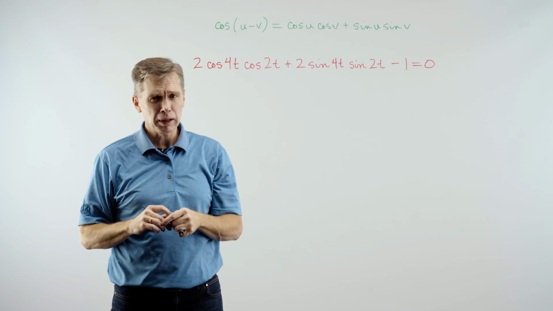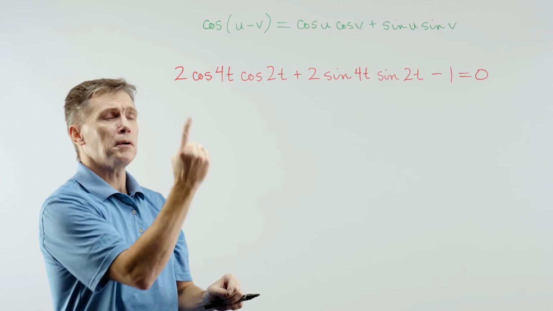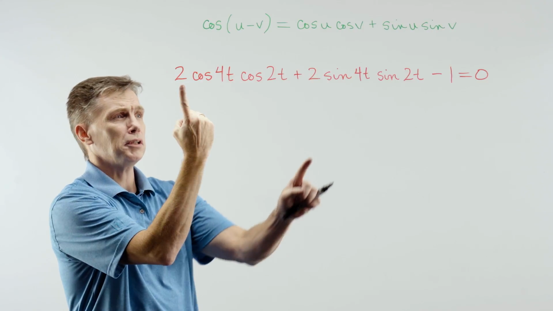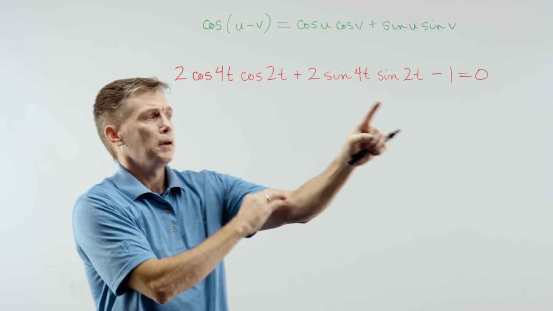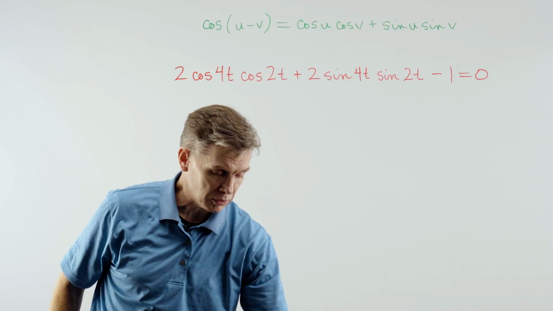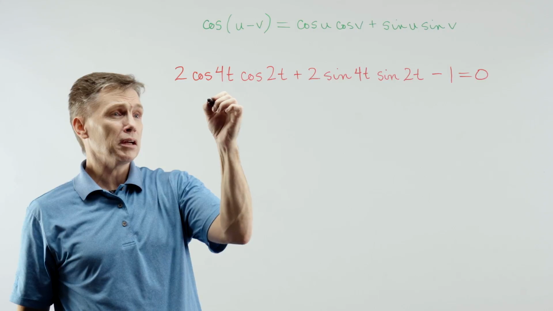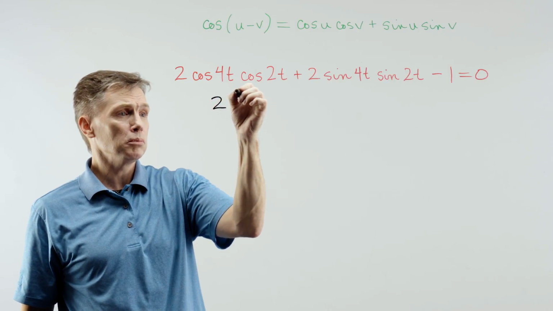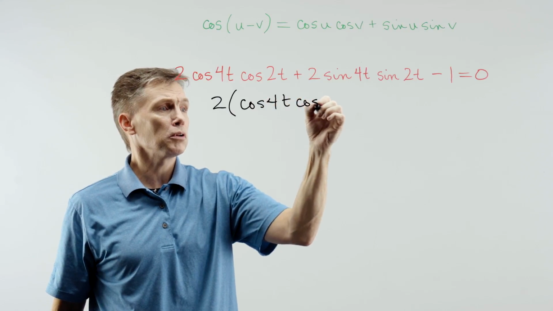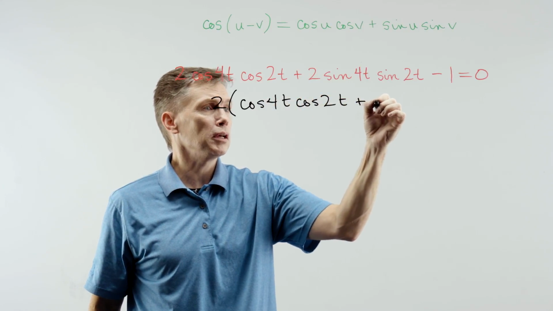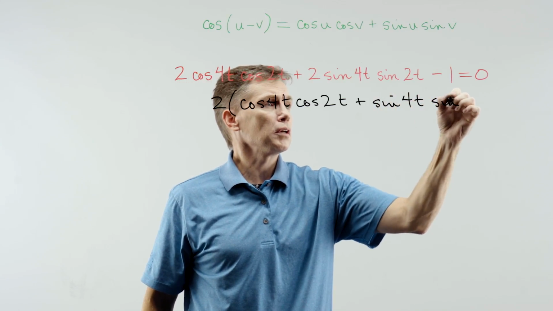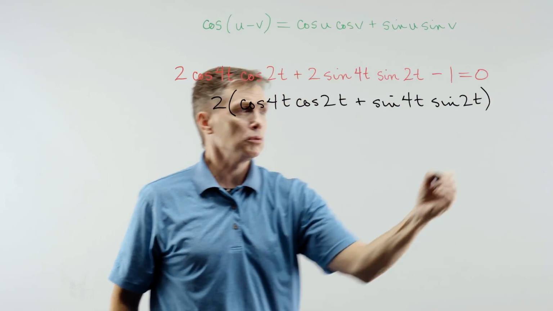And for this one, I think the way I would start is by doing a little bit of algebra, by noticing, for one, that there's a 2 as a factor, like a coefficient in front here, also there. And of course that -1, that subtraction of 1, that's easy to throw on the other side. So with some algebra, I think I'm going to do as a first step 2 parentheses and then cosine of 4t times cosine of 2t plus sine of 4t sine of 2t, close the parentheses.